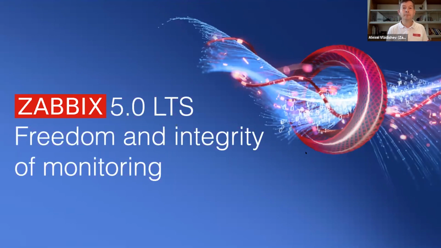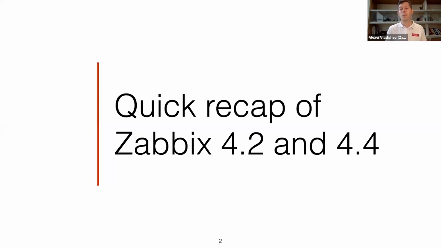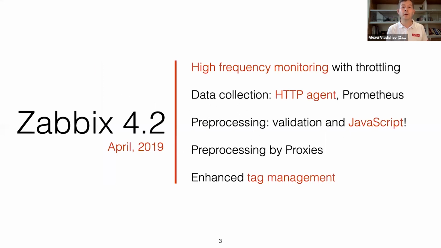But today, I would like to give you just a quick overview of the functionality we have introduced in the last few years. And I would like to start with a quick recap of the major pieces of functionality that you may find useful in Zabbix 4.2 and 4.4. So in 4.2, which was released at the beginning of last year, we introduced high-frequency monitoring with support of throttling.